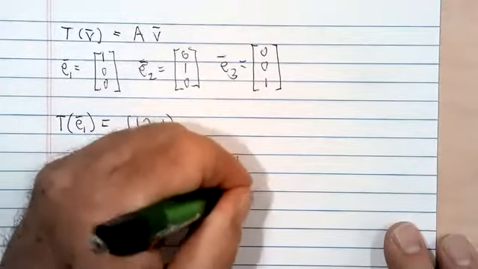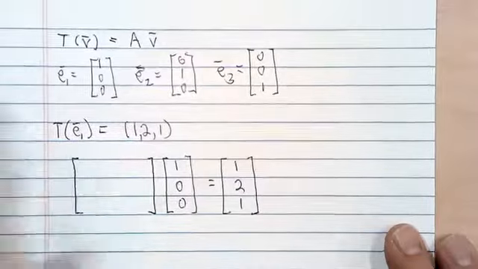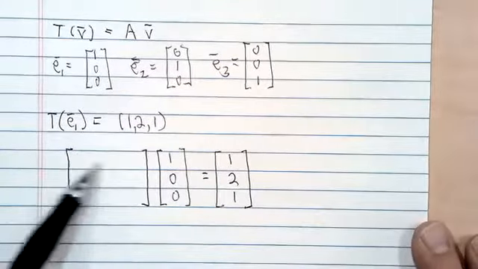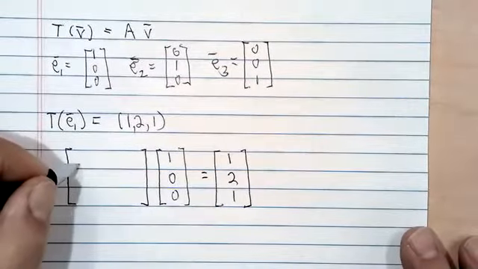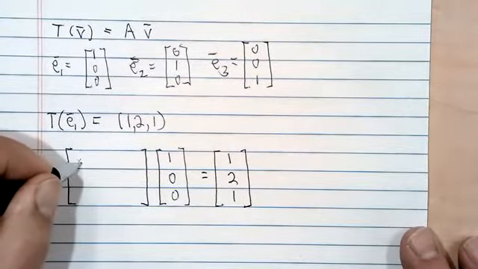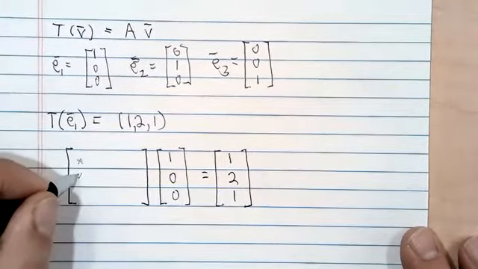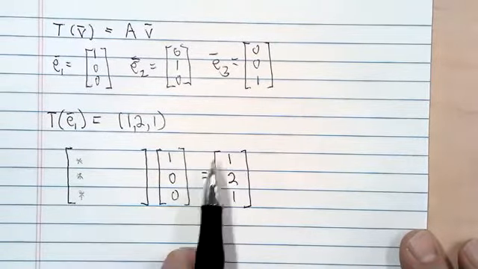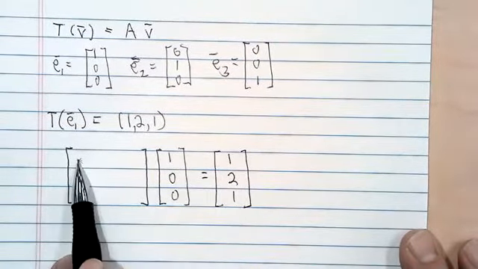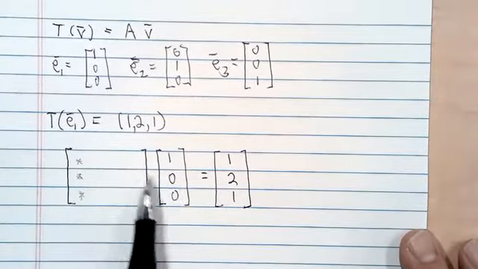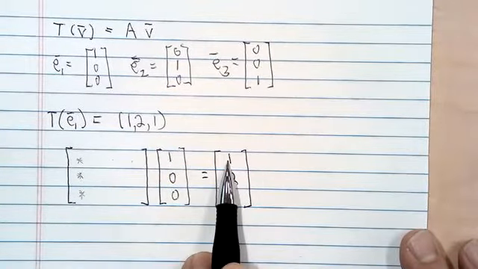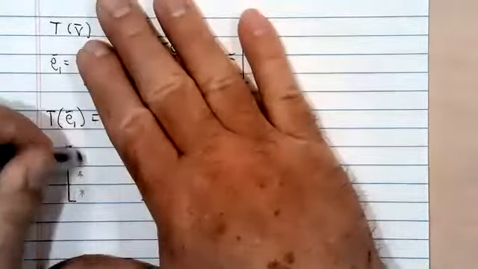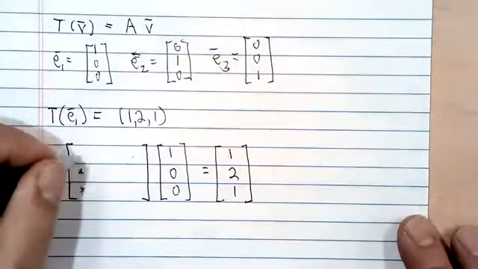Now, if you just think about how this is going to play out, of course, I'm going to have 3 times 3, 9 entries in this matrix, but it turns out that it's just the entries in the first column that are going to be used in order to do this multiplication. Because I'm going to take 1 times this number plus 0 times that number plus 0 times that number to get the 1. Well, you can see probably pretty quickly that the only way that could happen is if I had a 1 here.